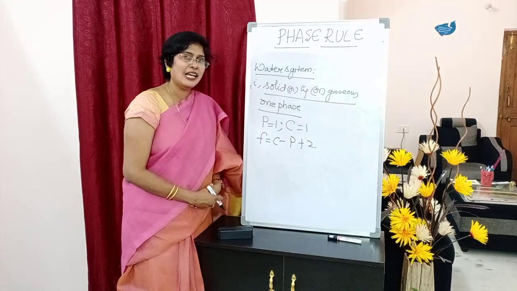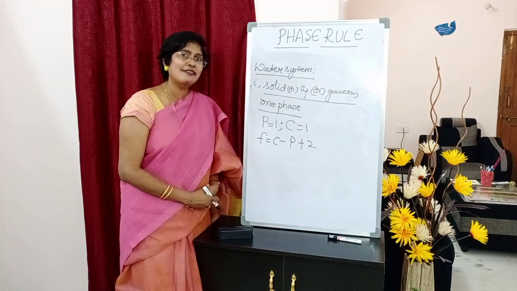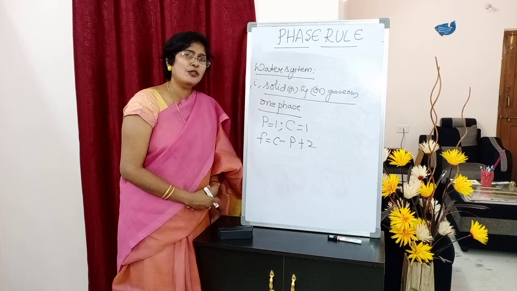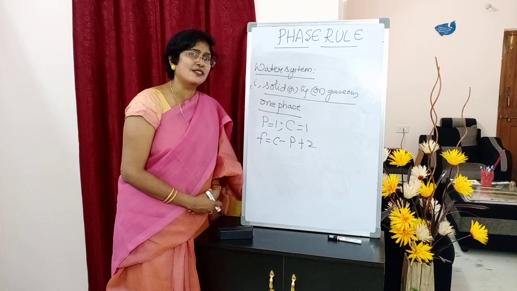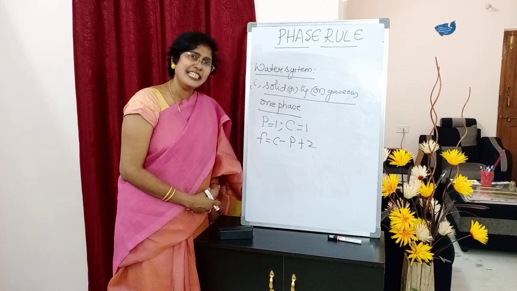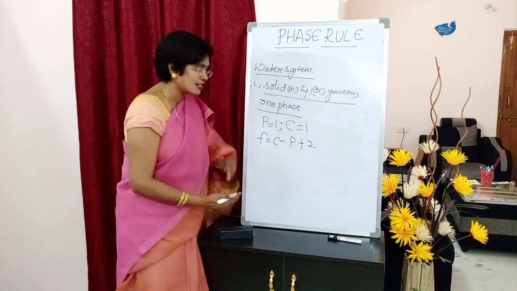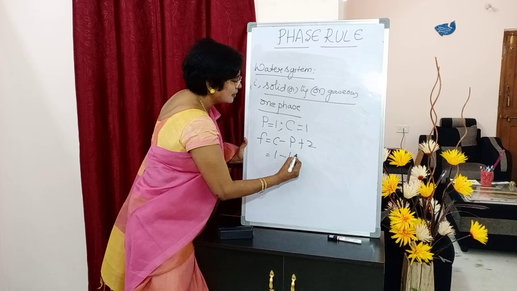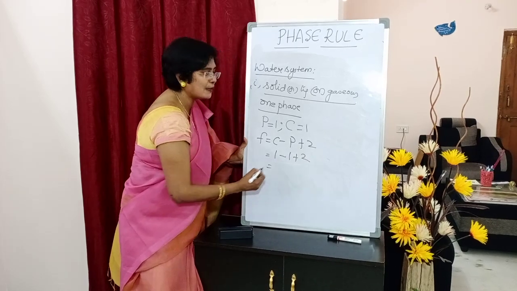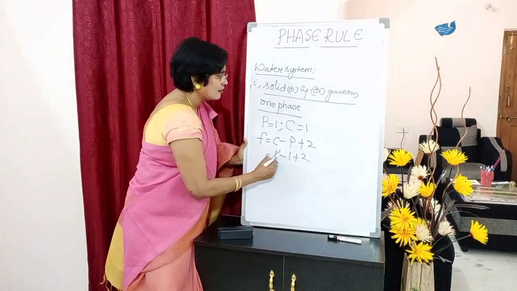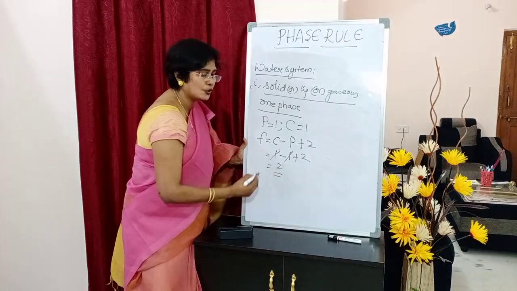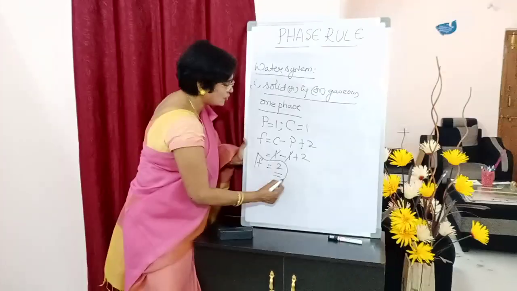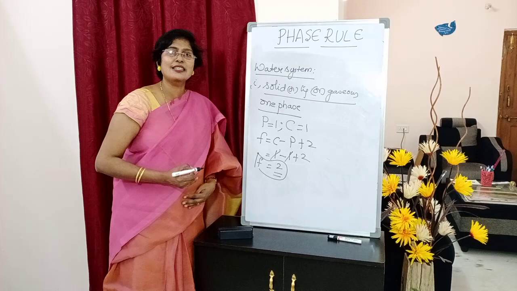So you have C, you have P. So from these values, we can determine F. Right? Shall I substitute? F is equal to C, 1, P, 1, plus 2. 1 minus 1 plus 2 is how much? 1 minus 1 plus 2 is 2. So F is equal to 2. So what is F? Degrees of freedom.